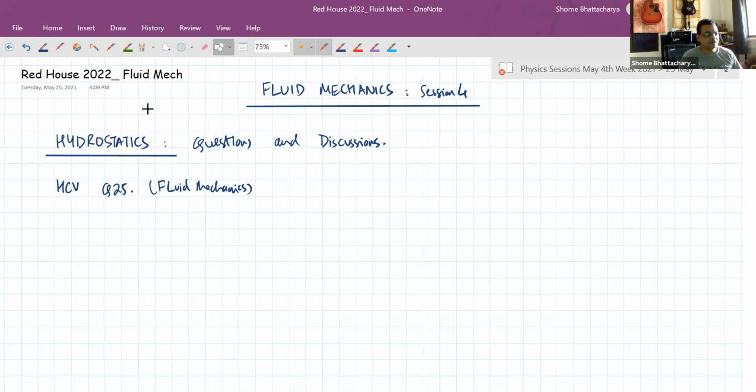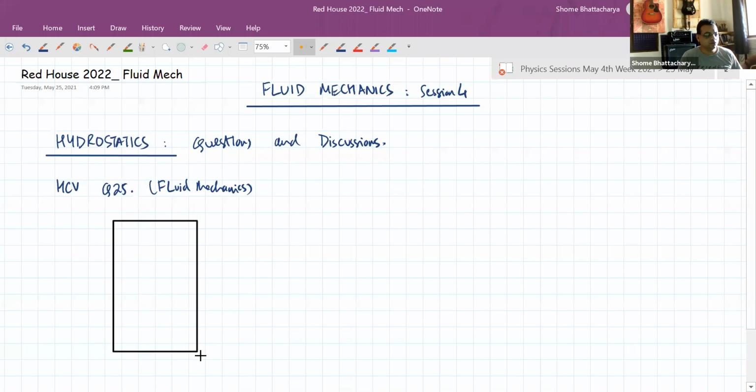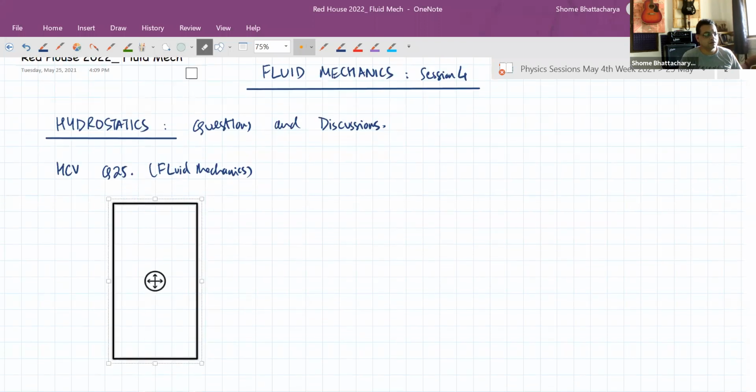So we have a cylindrical container, an open cylindrical container, which is completely empty to begin with. This cylinder's diameter is given to us as 6 centimeters.